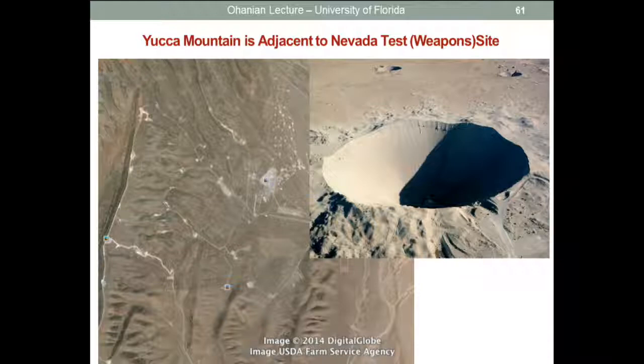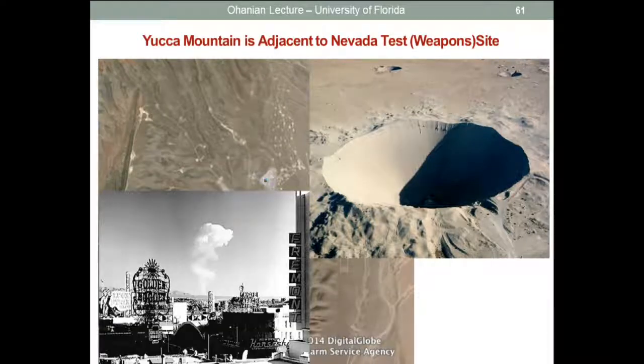There have been 1,000 nuclear weapons detonated at the Nevada test site. This happens to be a picture of one of them where we, in the early days, were crazy enough to believe that we were going to do excavation with nuclear weapons. And so we decided to blow a big hole in the ground to prove that we could move dirt. And you did this 65 miles from Las Vegas.